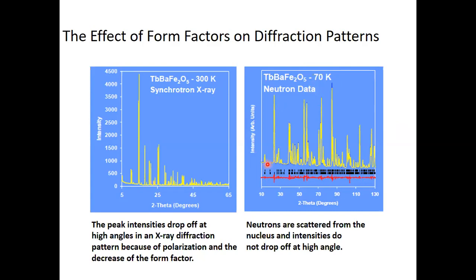Okay, so you can actually collect high intensities at very high 2 theta diffraction angles. So you have a good signal to noise ratio also at high diffraction angles, okay, which is advantageous over X-ray diffraction.